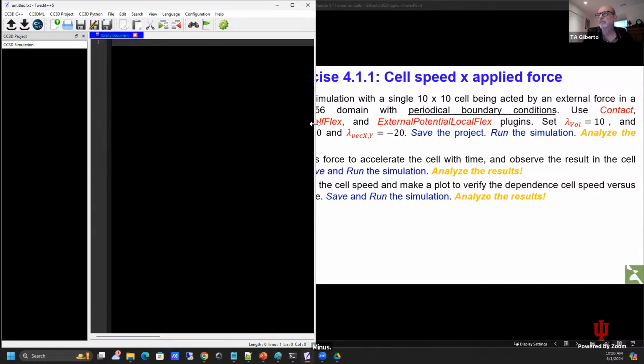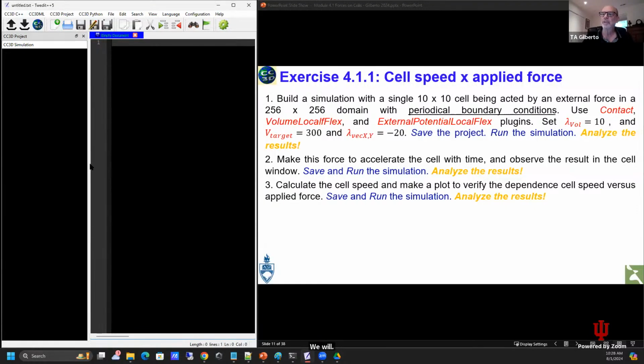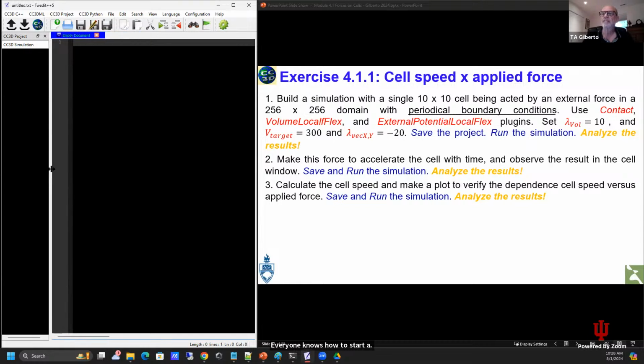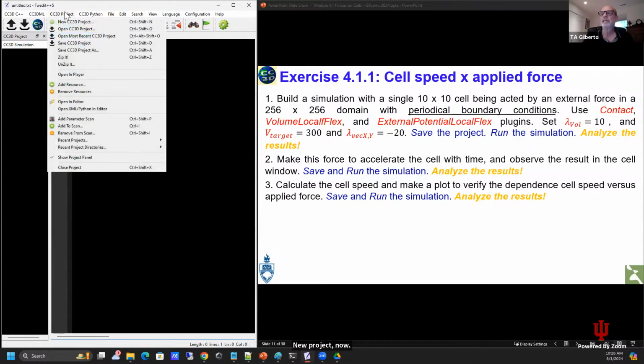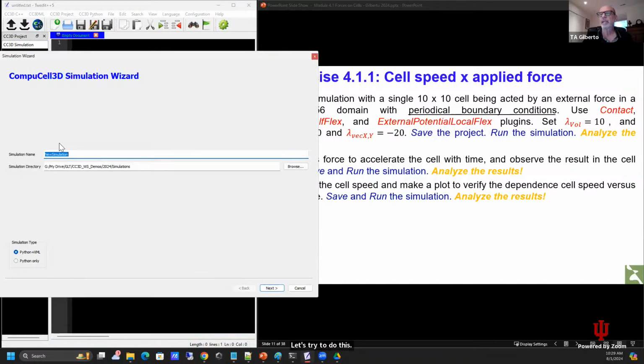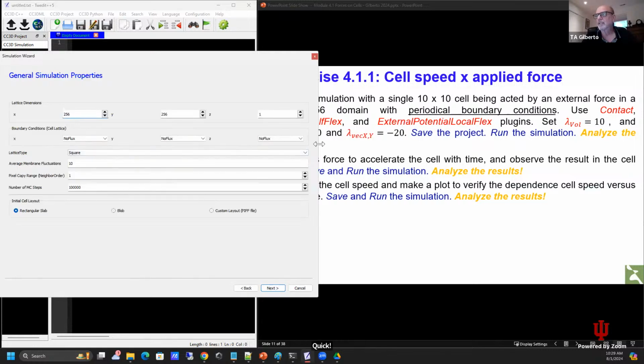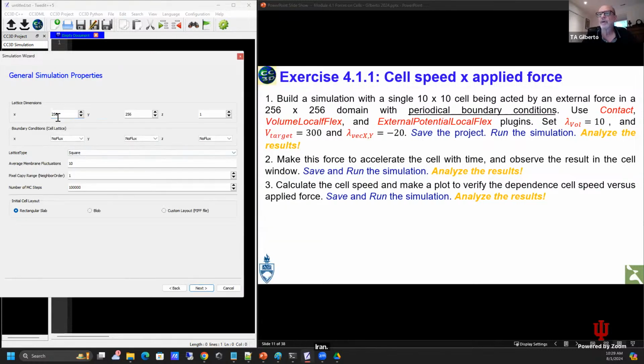It's quite easy. Everyone knows how to start a new project now. Let's try to do this quickly. E1, next. 256 by 256, z equals 1. It's a 2D simulation so far.